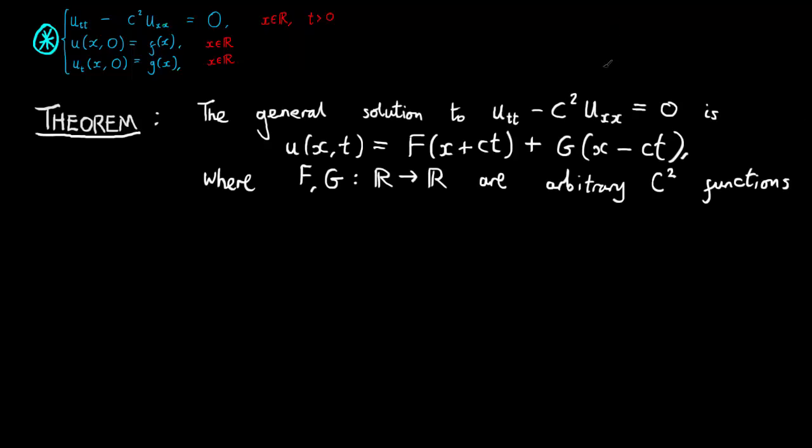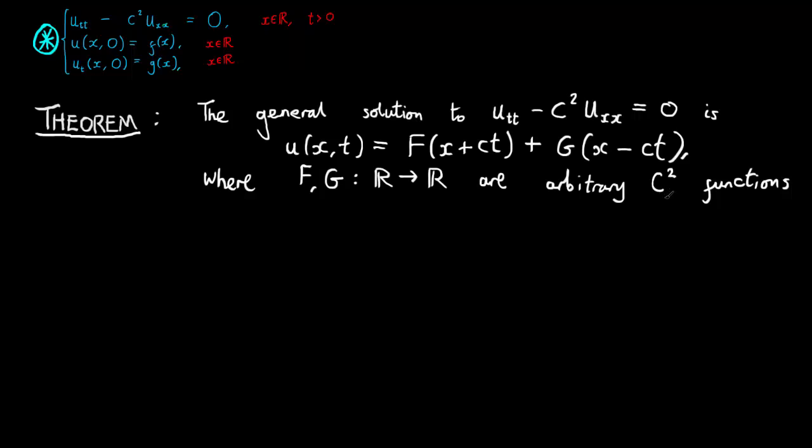That theorem says that the general solution to the homogeneous wave equation, that's this guy here, is u of x and t equal to some function of x plus ct plus another function of x minus ct, where this uppercase F and uppercase G are just arbitrary real valued C2 functions.